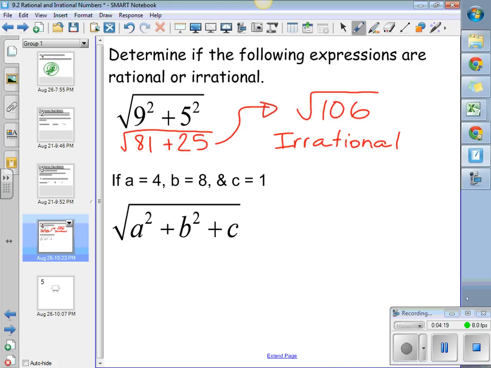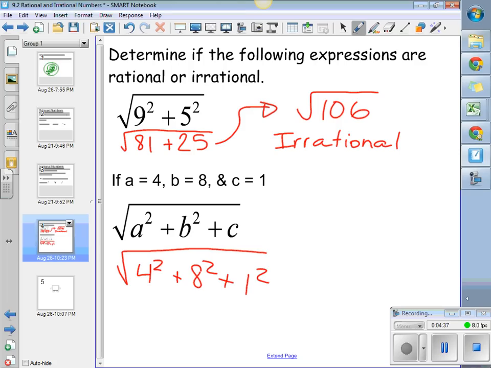All right, so we've got a squared, which is 4. So we're going to substitute everything in. So we get 4 squared plus 8 squared plus 1 squared.